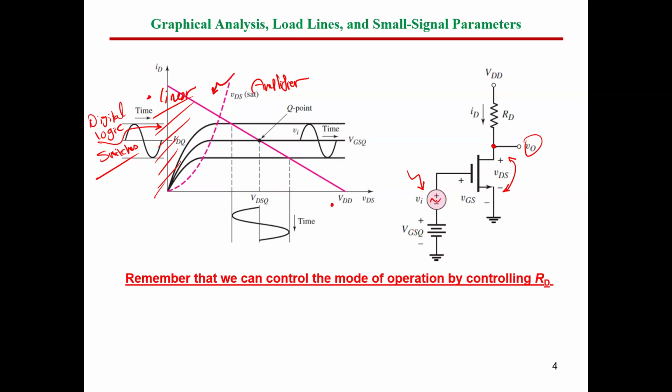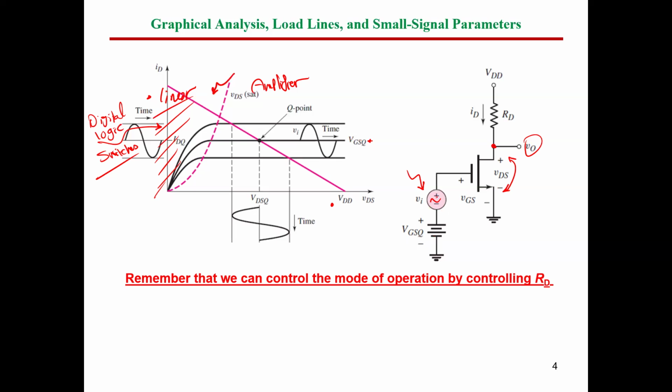If you apply a certain input AC with an offset of VGSQ, assume this is the offset of VGSQ here, the AC will be added to this DC component.